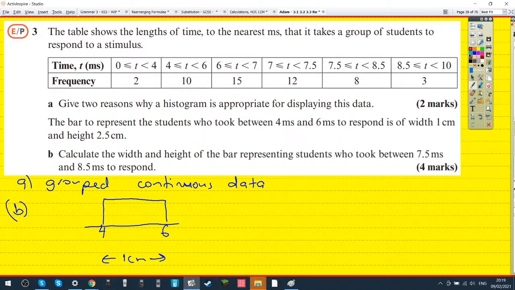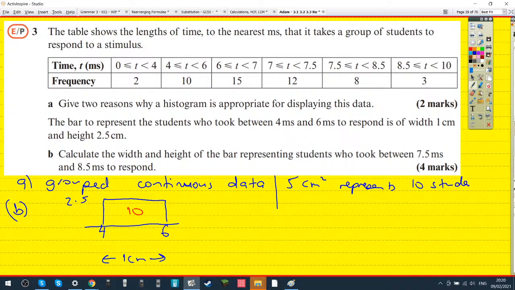So this 4 to 6 one was for 10 students. So that represents 10 students. And its height was 2.5. So what is the area for this one? 2.5 times 2, which is 5. And so 5 centimeters squared represents 10 students.